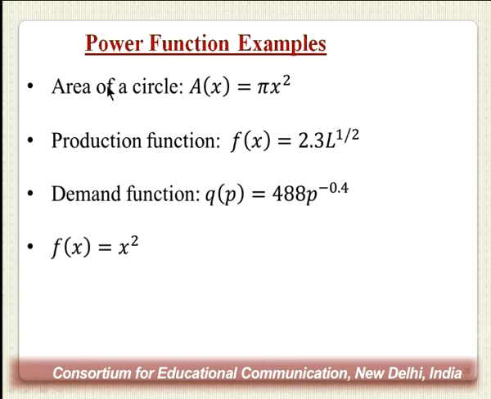But unlike the first example, where I took A of x, the area of a circle, to be pi times x squared, here, because the radius has to be positive, in the last example I can just let x be any real number. Okay, so that is also a criterion, because you can't have a labor input which is negative.